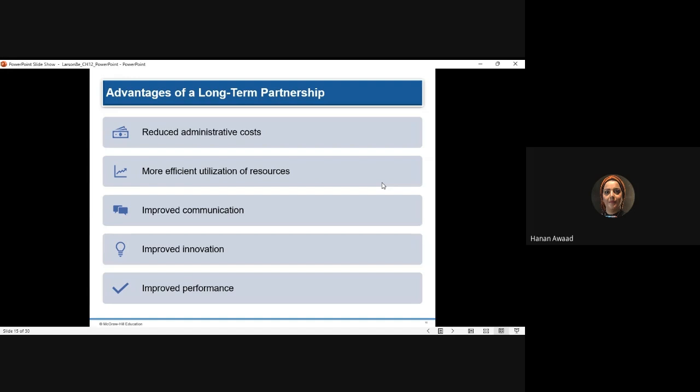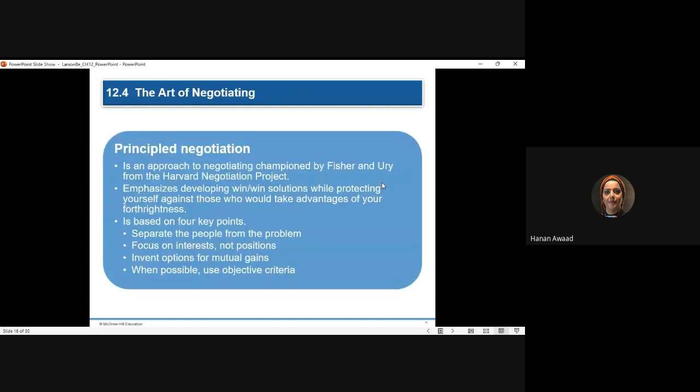Right now, my team is not overloaded with politics, with communication inefficiencies, and all of this. So I'm using my team in an efficient way. Improved communication, also innovation, you know, finding novel ways to solve the problem. And of course, this will improve the performance in general.